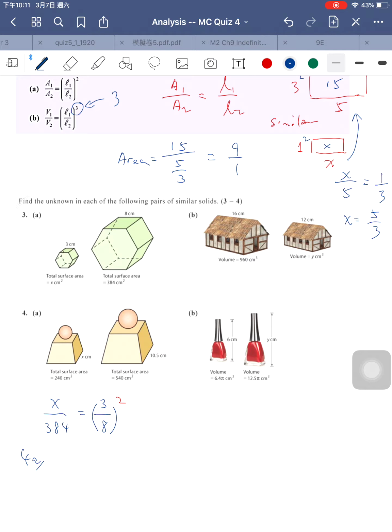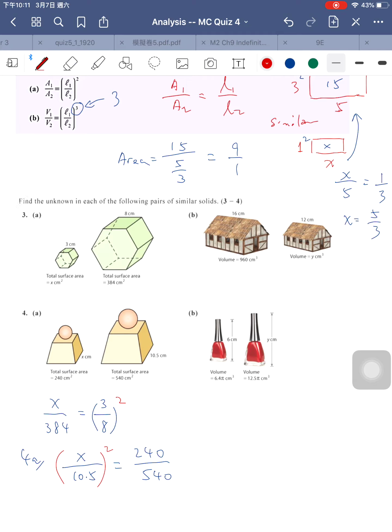You don't know the length x, so you put it in the top left hand corner, over 1.5, and 10.5 will equal the surface area ratio. Remember, you have to add the square because you are talking about area.